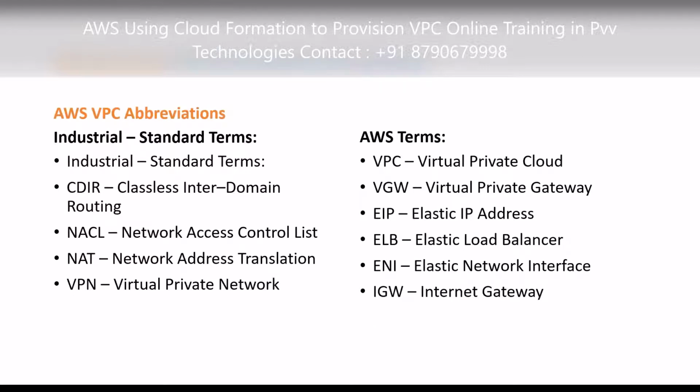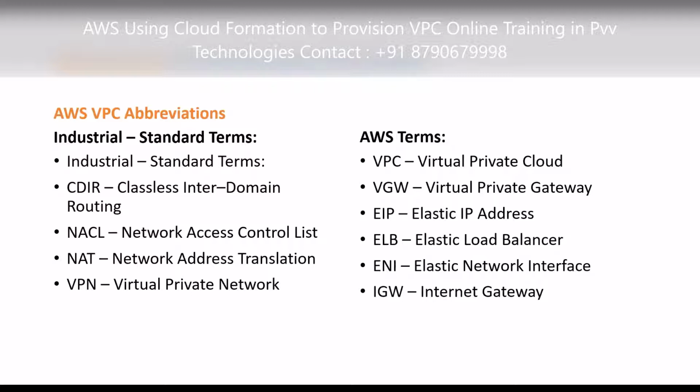And the basic VPC abbreviations, the standard industry terms and AWS terms we have seen in regular practice. CIDR is classless inter-domain routing, and here also we will be having CIDR.